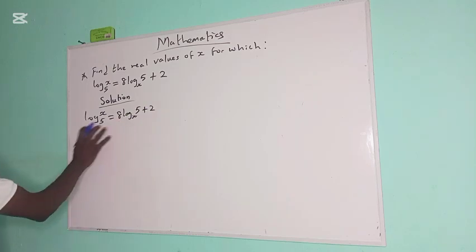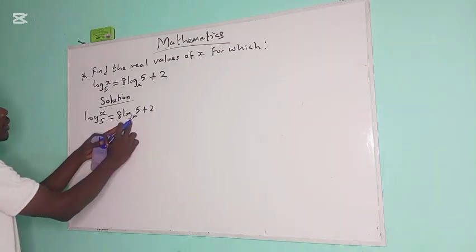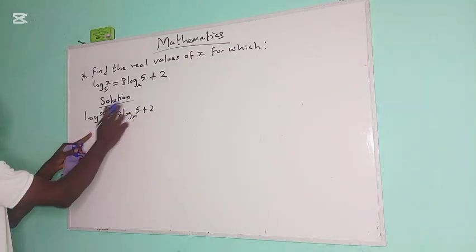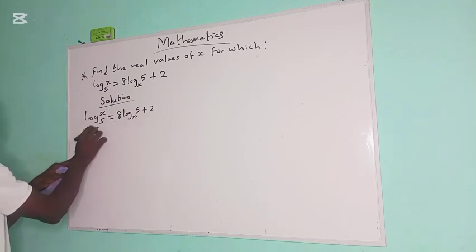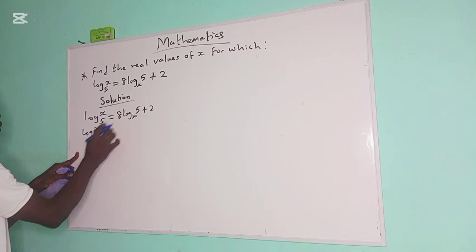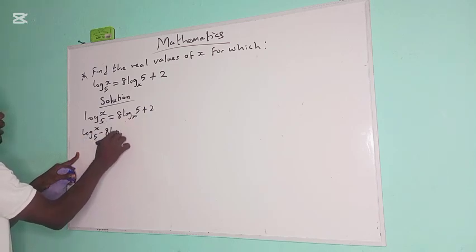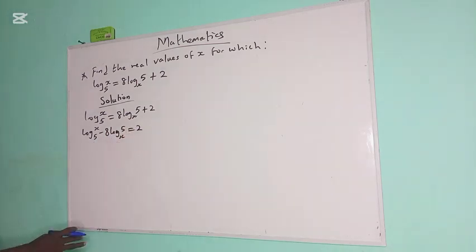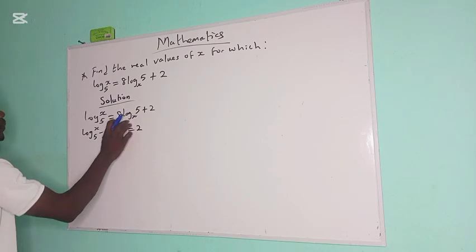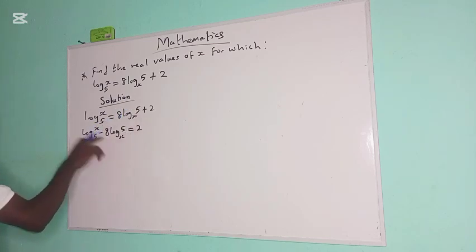So let's collect the terms. Let's bring this term here, and that becomes minus 8 log 5 base x is equal to 2. Okay, we transpose this to the other side.